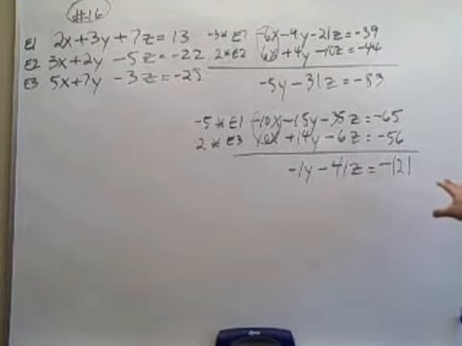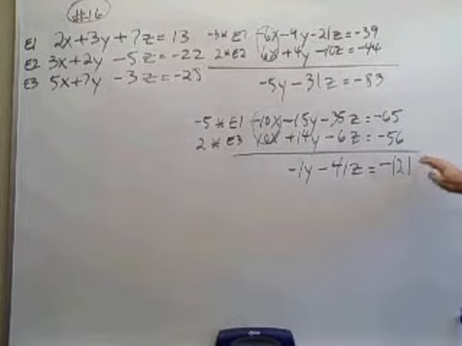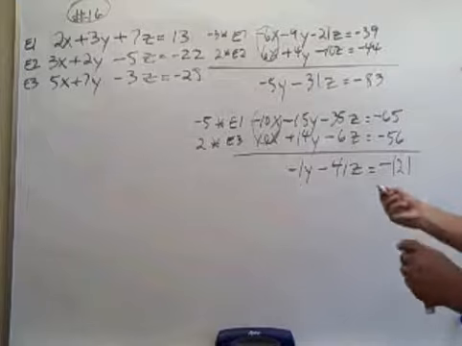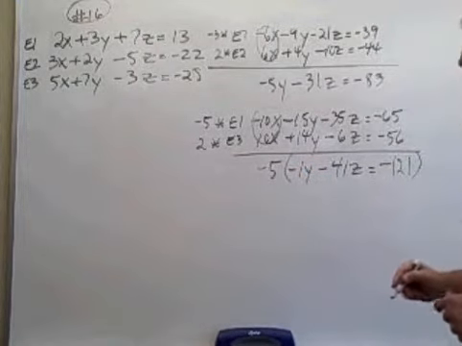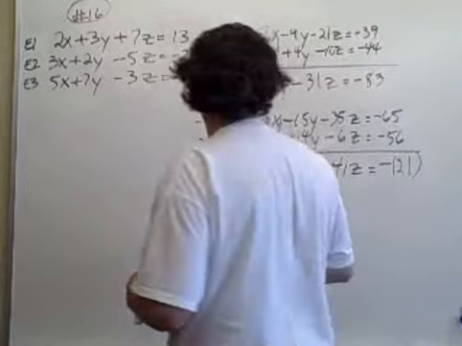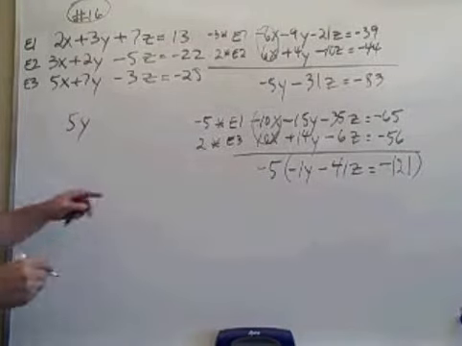So now we can work with this equation and this equation to eliminate one of the variables. Well, I think it would be easier to eliminate the y, wouldn't it? By taking this equation and multiplying by -5. So -5 times -1y, that's going to be positive 5y.